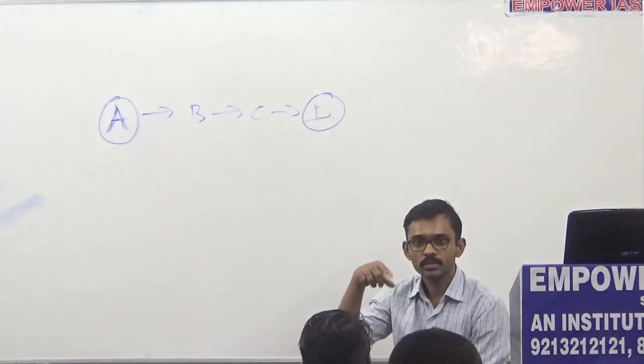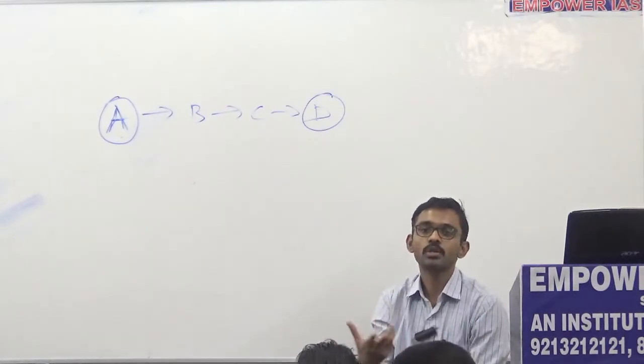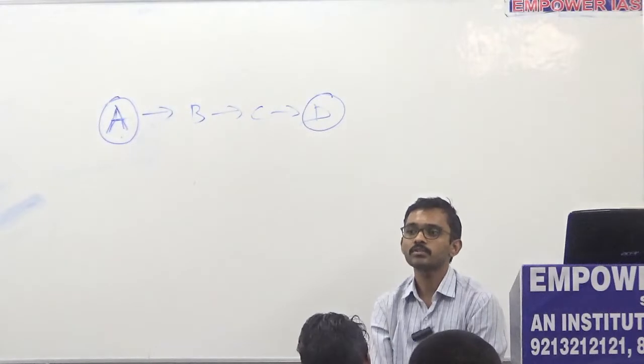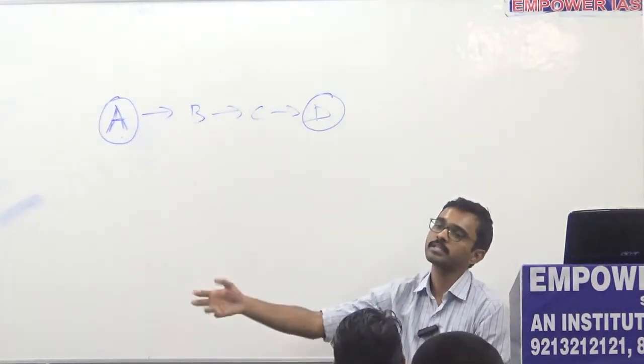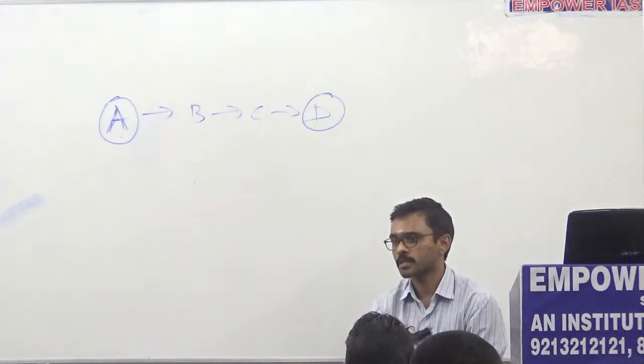Generally, one of the arguments that we give is that everybody is doing it. But just because everybody is doing something wrong, it does not justify you doing the same thing.